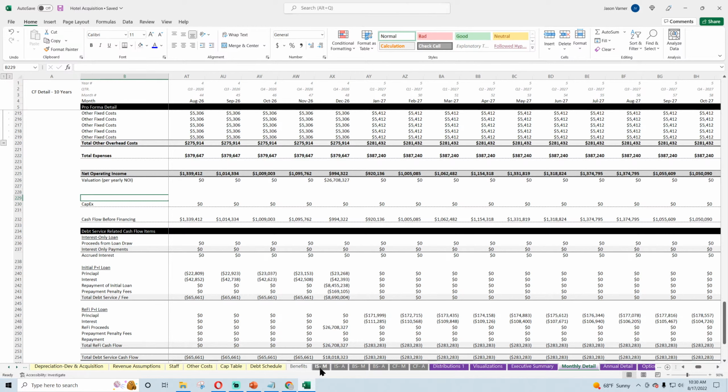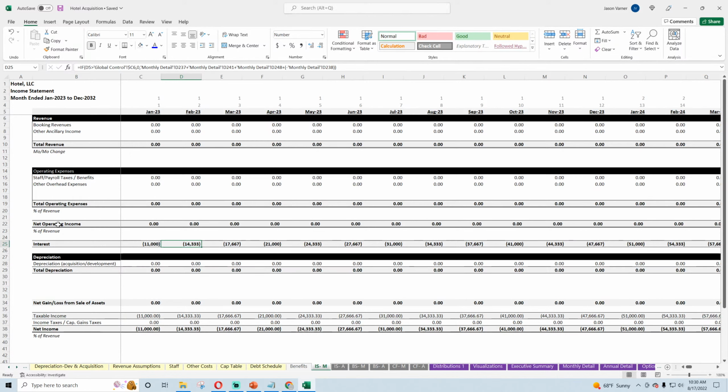So we'll probably just put it in here above interest, or here below depreciation, and it will affect taxable income. It will reduce the taxes that I guess the entity is paying. Now this won't matter for our structure for the GP LP deal. It's not going to have any tax effects at all, so that's fine.